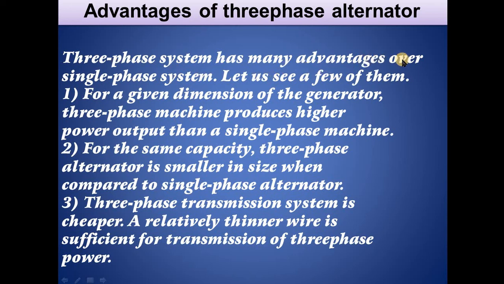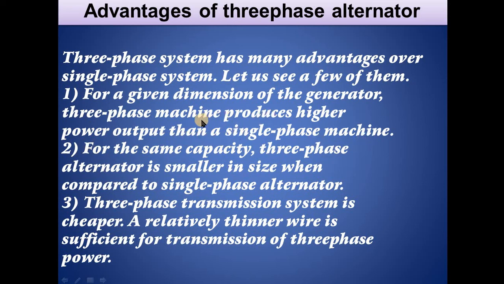The three-phase system has many advantages over the single-phase system. Let us see a few of them. For a given dimension of the generator, a three-phase machine produces higher power output than a single-phase machine.